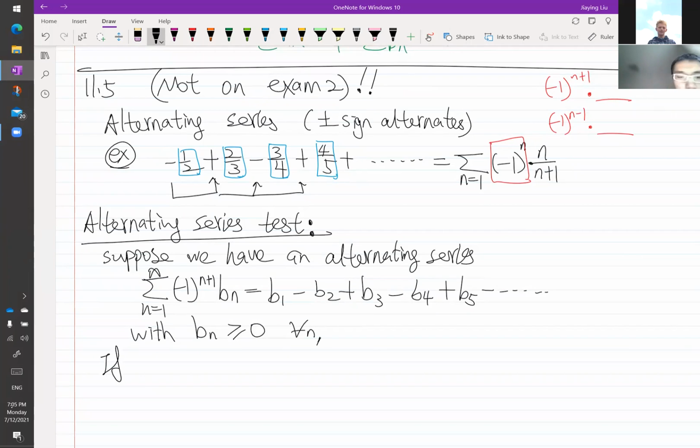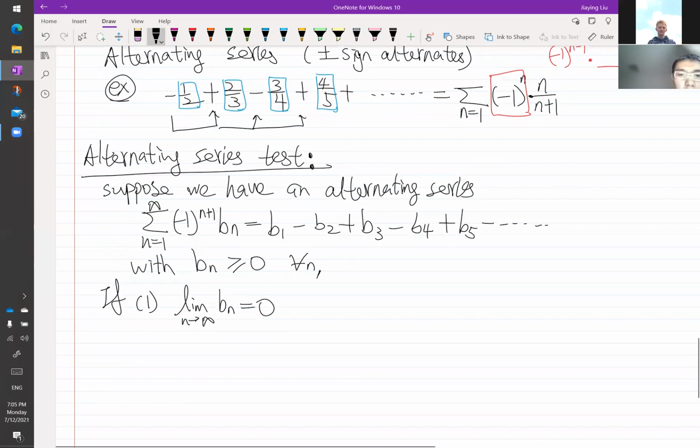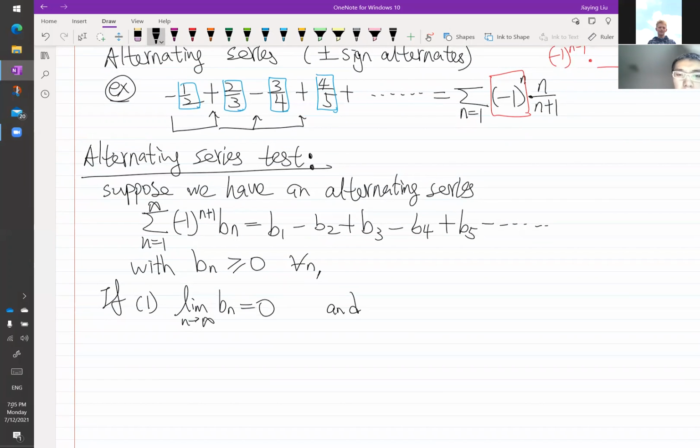So there are two conditions, and we have to meet both. The first one: the limit as n goes to infinity of bn equals 0, for all n, so you have to satisfy both. And the second condition: bn is greater than or equal to bn plus 1.